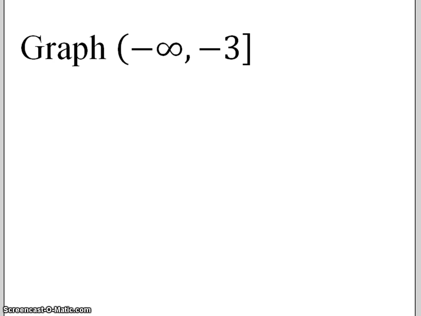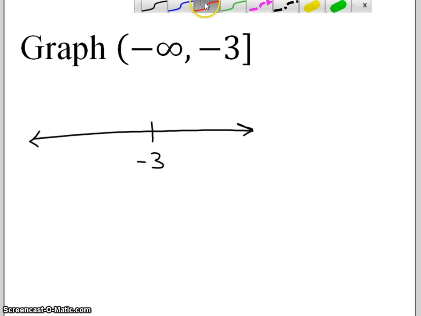Okay, let's graph this. Graph the interval from negative infinity to negative 3. Negative 3 is included in our interval. From left to right, we start at negative infinity, though you don't know where negative infinity is, and we end at negative 3, including negative 3.